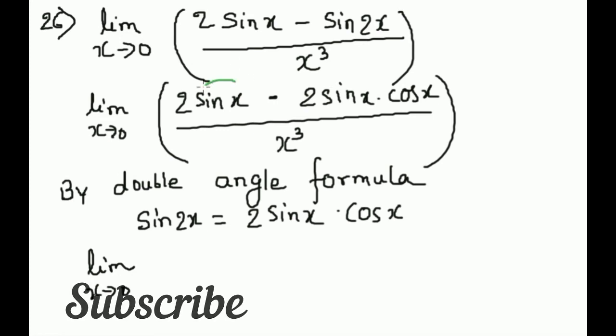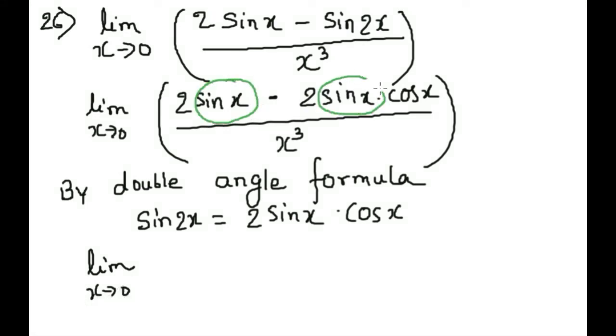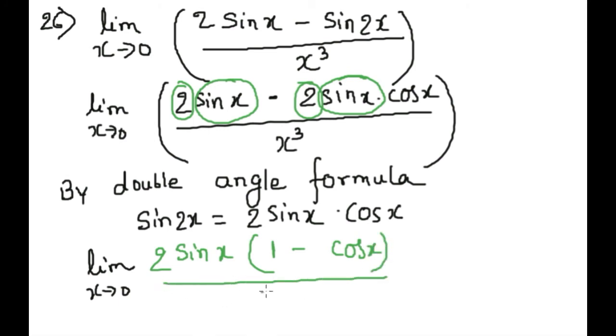Now we can see this sine x and sine x is common. Take out the sine x, and this 2 is also common. So we will write this 2 also. Now 1 minus cos x by x cube.